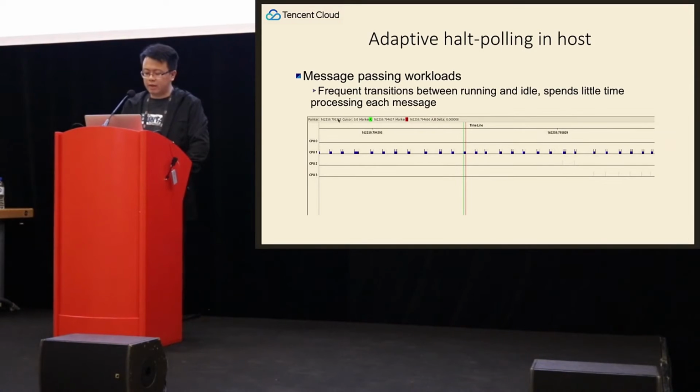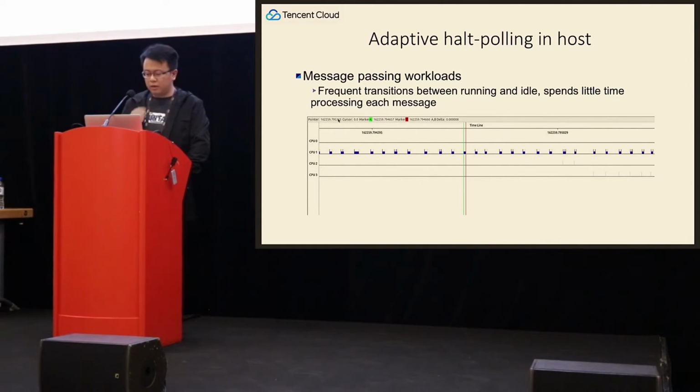Maybe we can add some poll logic before schedule-out, something like NAPI in the network. So if the next interrupt arrives in this poll duration before schedule-out, then we can VM entry immediately without schedule-out. If in this poll duration the next interrupt has not arrived, then we can schedule out.